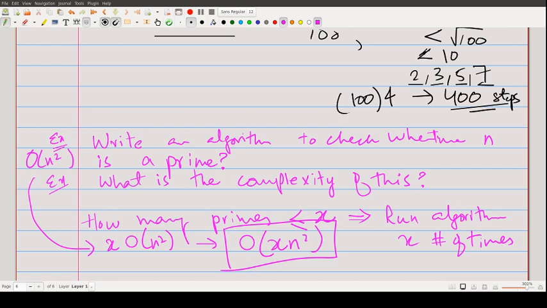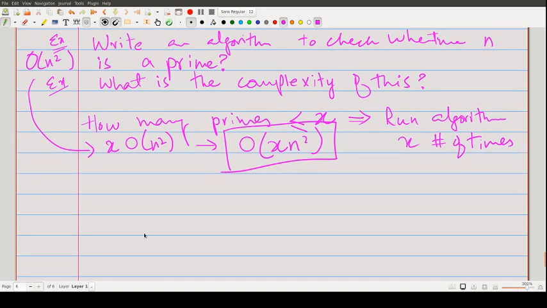Of course, we already know that if it's 1000, which is 10 cubed, then this is not a prime, so you can even just remove it from your list. Okay.